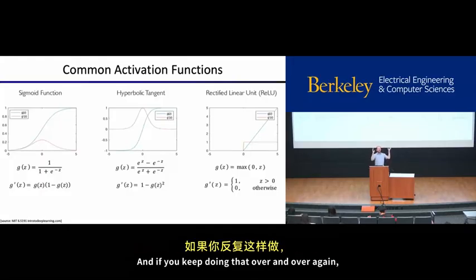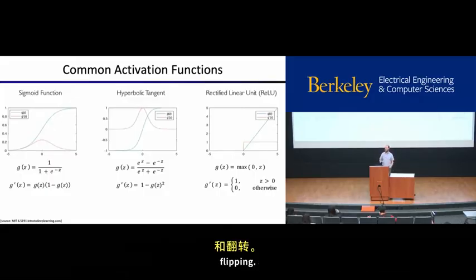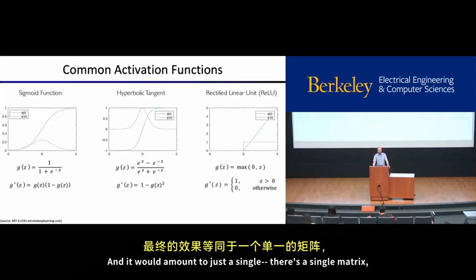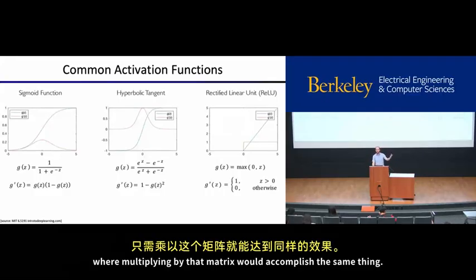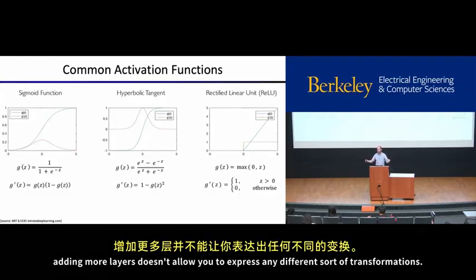And if you keep doing that over and over again, you're still ending up with something that's just stretching, squishing, rotating, flipping. And so you keep doing them back to back, and it would amount to just a single matrix where multiplying by that matrix would accomplish the same thing. So if you're not having these nonlinear activations in the middle, adding more layers doesn't allow you to express any different sort of transformations.